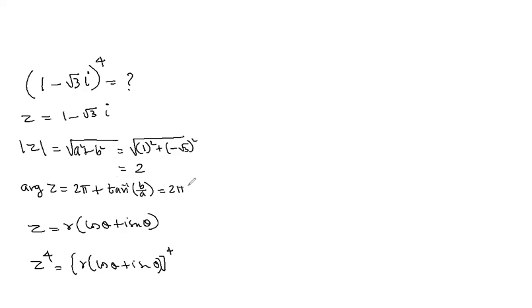That is 2 pi plus tan inverse of minus root 3 by 1, that is 2 pi minus pi by 3, which is 5 pi by 3.